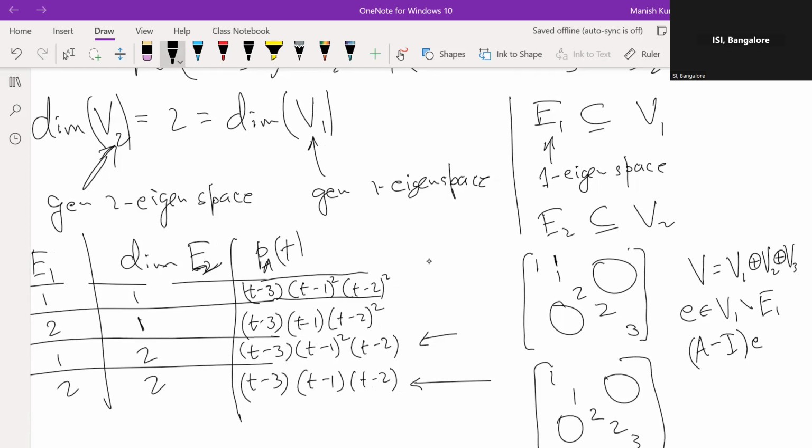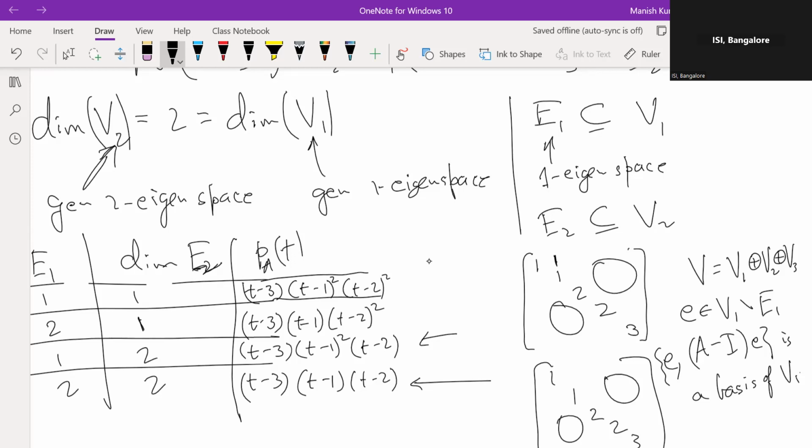Of course this is non-zero because e is not an eigenvector. And these two together are a basis of V1. We already saw that these are linearly independent. So if you take a basis of V1, a basis of V2 and a basis of V3 together, this will give you a basis of V, and if you write down A with respect to this basis, you'll get this matrix.